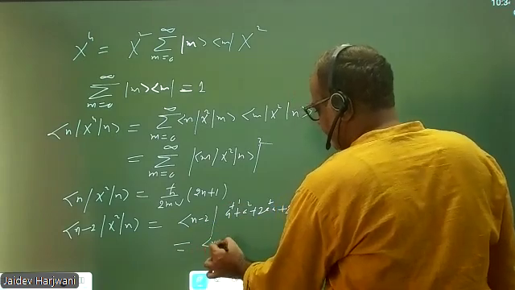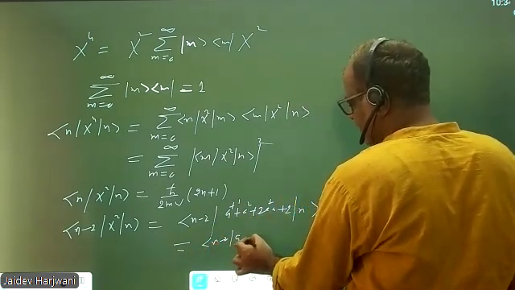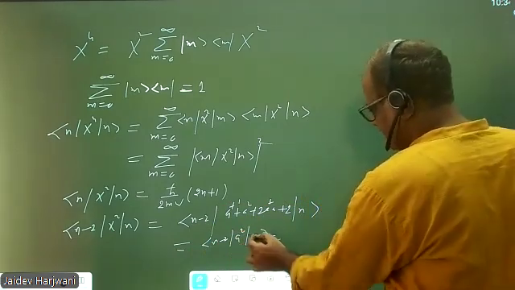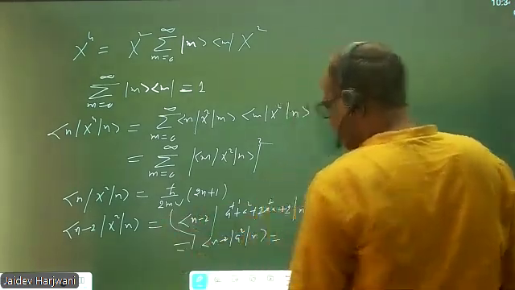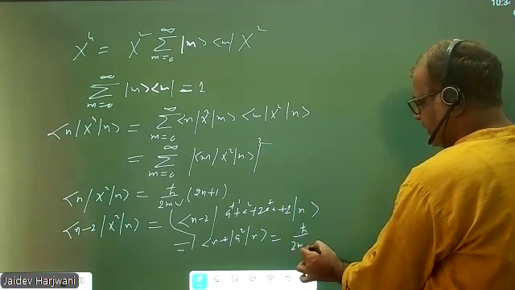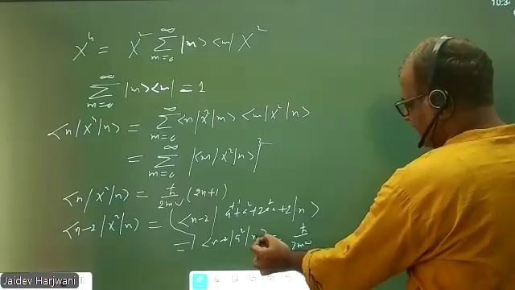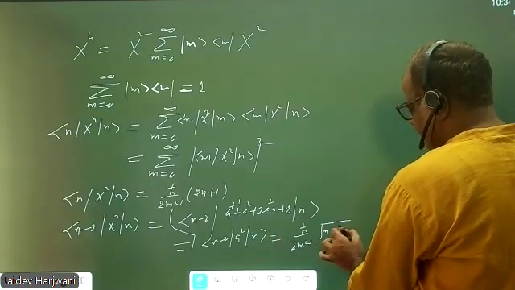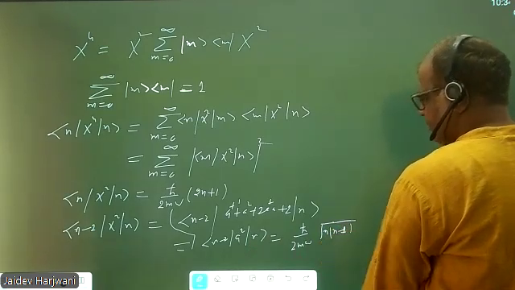These other terms will all give you 0. So a² acts on |n⟩, and of course this constant is coming here, ħ upon 2mω. When a operates 2 times here, you get root n, and then root n minus 1. So you get this.